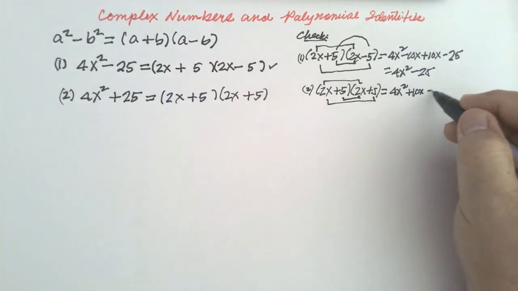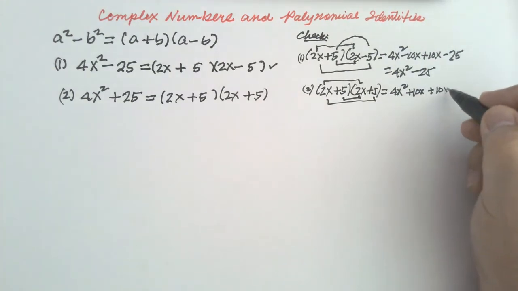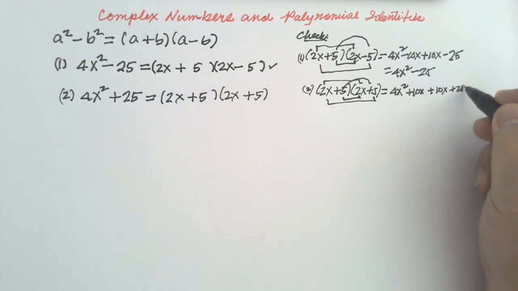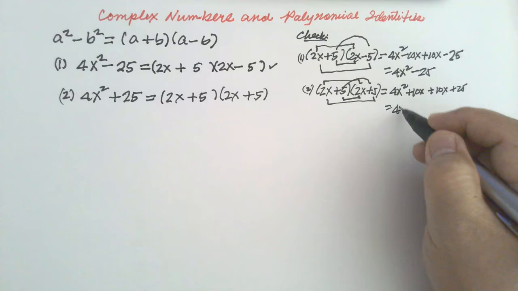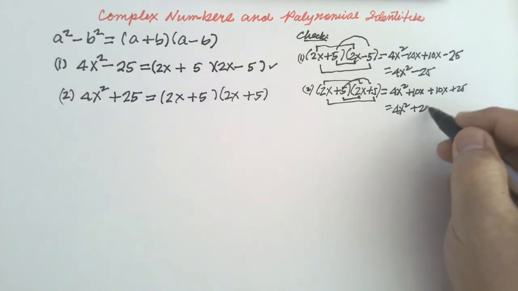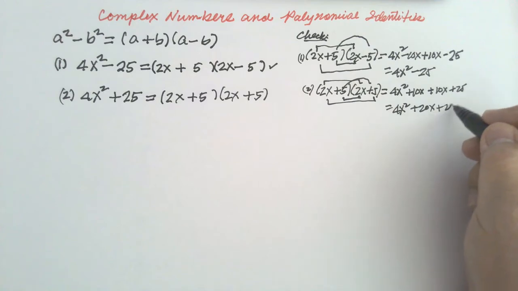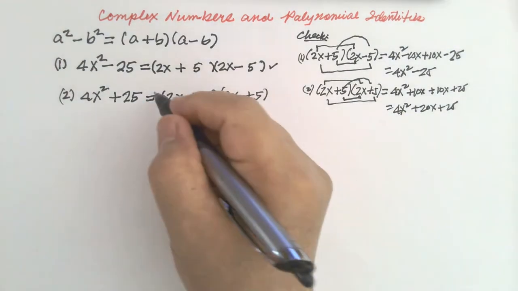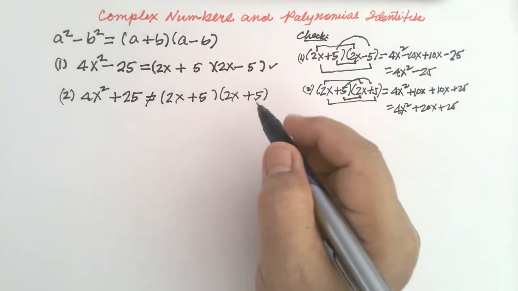Inside terms plus 10x. Last terms plus 25. So this is now equal to 4x squared, and if we add this, we get 20x plus 25. This is different from this. Therefore, these are not the factors.